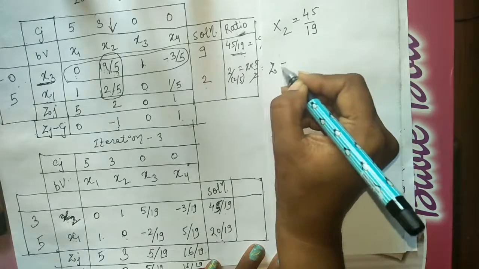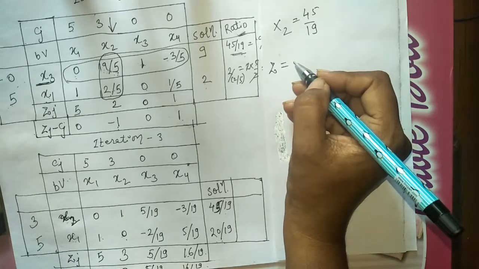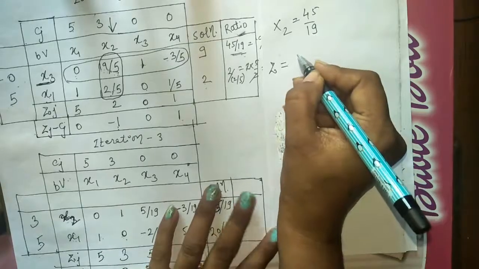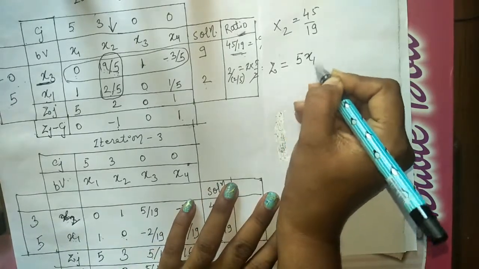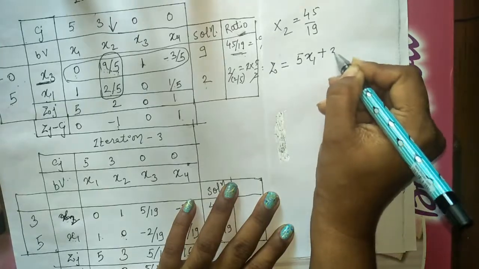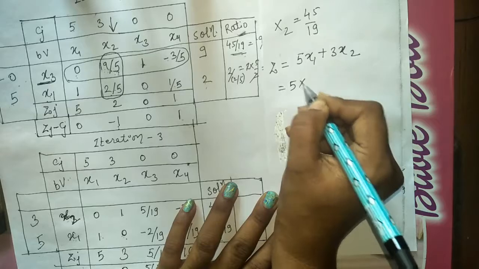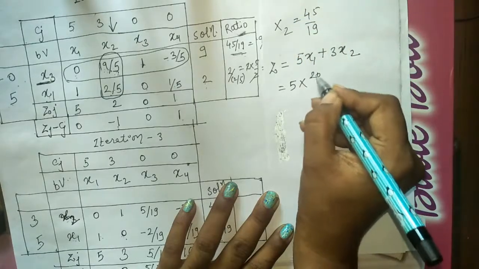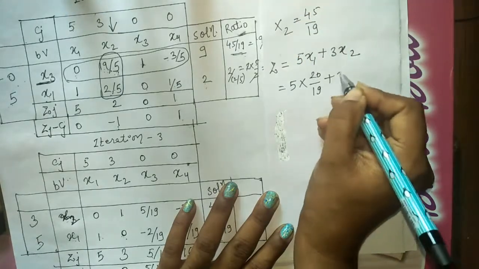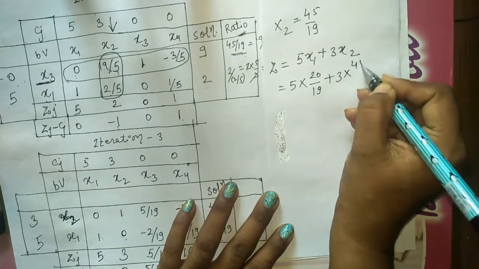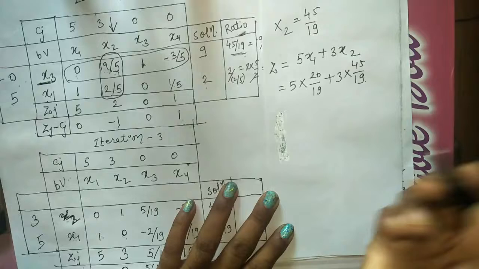come to the objective function. Our objective was to maximize this z, and z is equal to 5x1 plus 3x2. Here 5x1 is 20 upon 19 plus 3x2 is 3 into 45 upon 19.